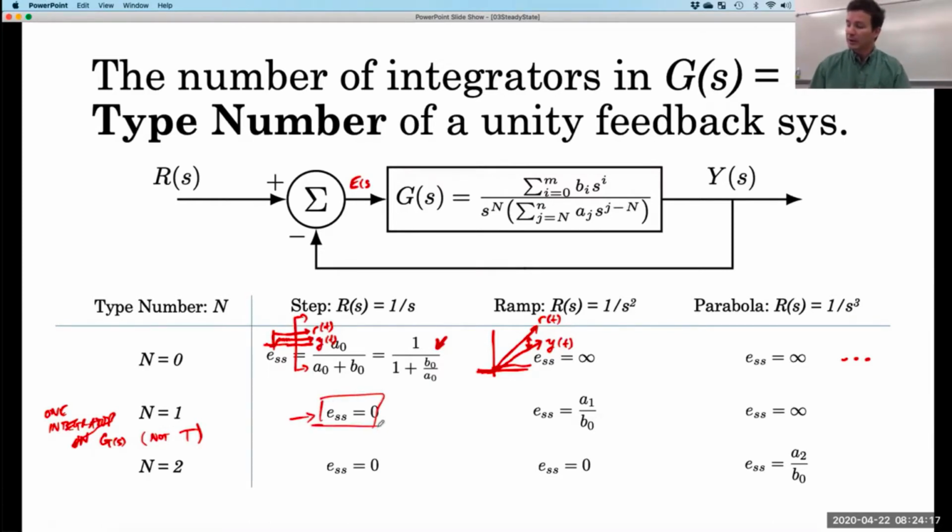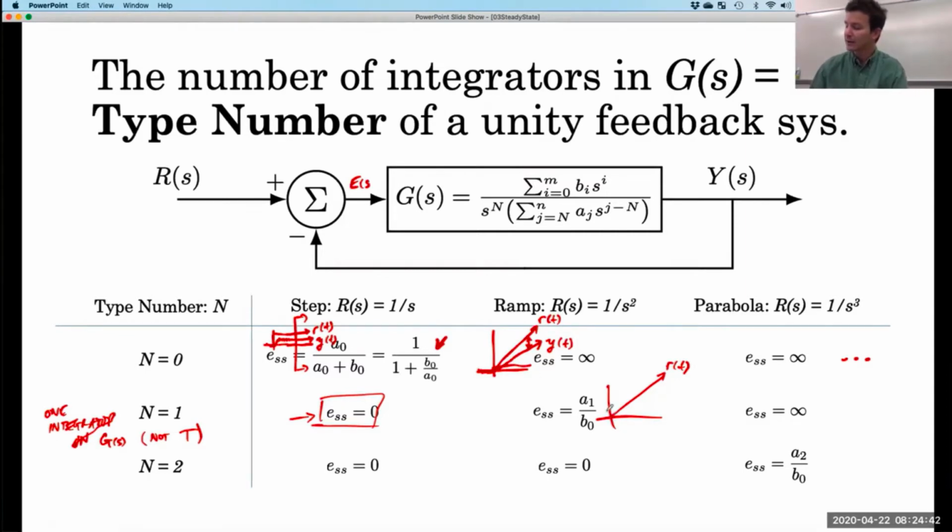So if we increase the order of the input, that is, instead of a step, we have a ramp, then we get this phenomenon that a ramp input to a type 1 system, so here's that same one-to-one ramp, will produce a constant error in steady state.